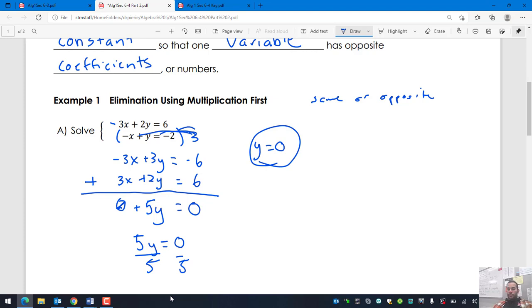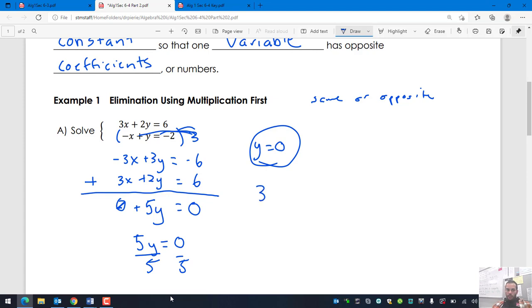Okay, so once I get to this point, I'm basically at the exact same place I would be with any other type of elimination question. I now have to solve for x. So I pick whatever equation I like a little bit better. Do you like the first one or the second one better? I like the first one a little bit better, so let's rewrite it. Wherever I see a y, this time I'm going to plug in a 0. So I'm rewriting the first equation.